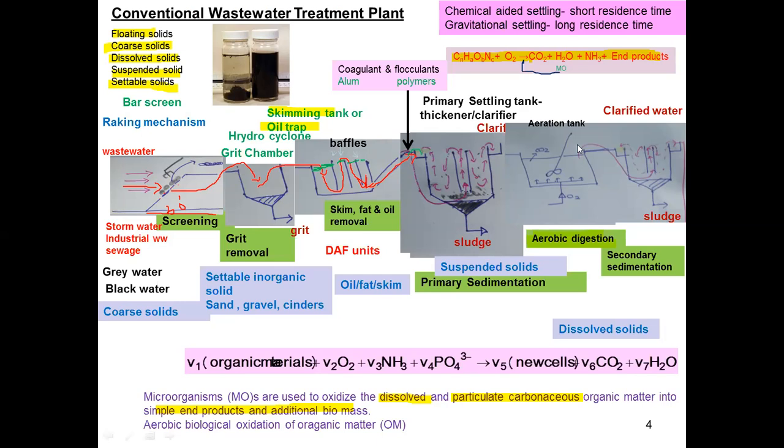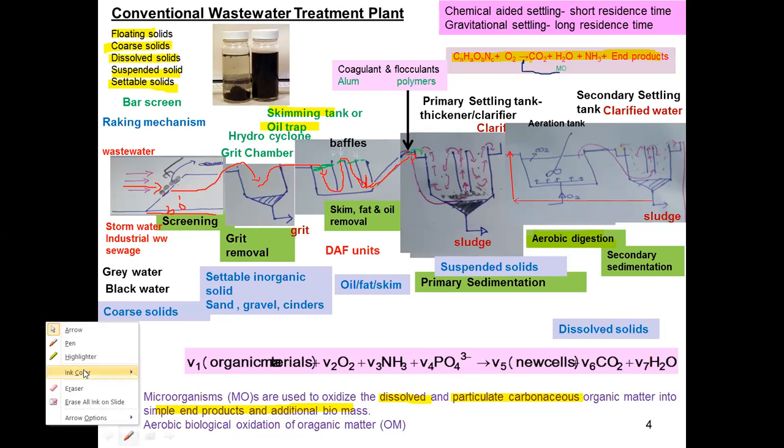In continuous operation, usually part of the biosludge is recycled back to the aeration tank, because the sludge coming from the secondary settling tank, or secondary sedimentation tank, consists of microorganisms.